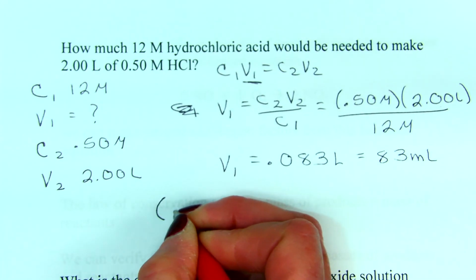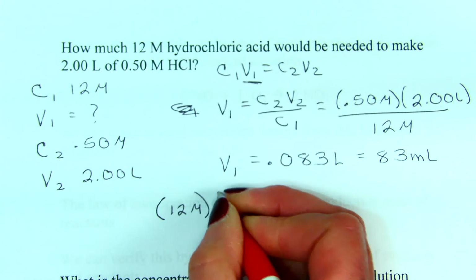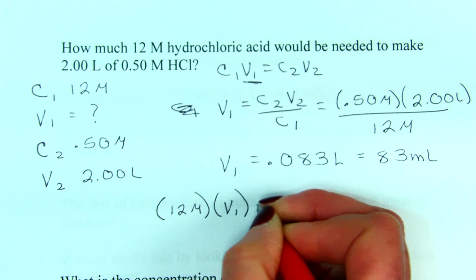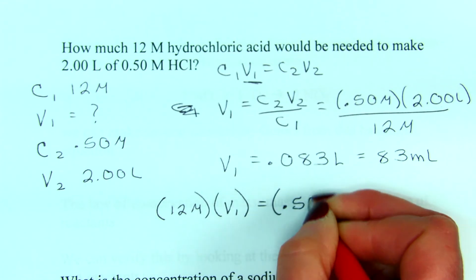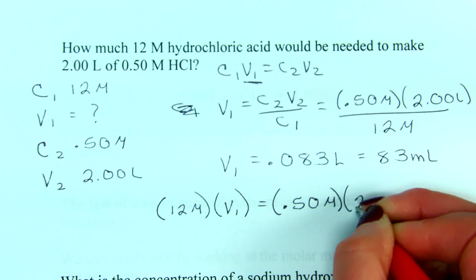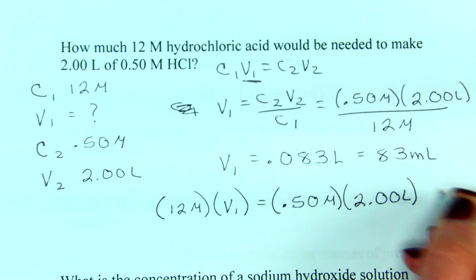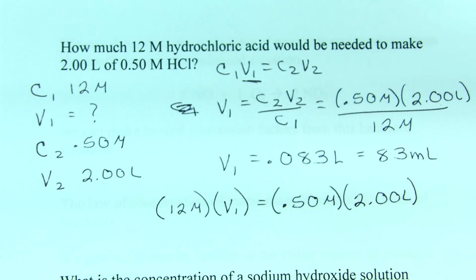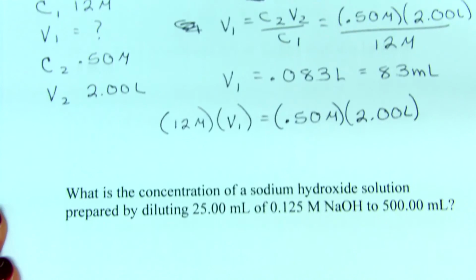Writing down C1, 12 molar, times V1 is equal to C2, 0.50 molar, times V2. How many of you just like to write this and then grab your calculator, multiply this, and divide by 12? About half of you. And the rest of you aren't voting. Do you have no preference? Or you like the top one? So whichever works for you is what you should do. Okay, there's multiple ways to do it.